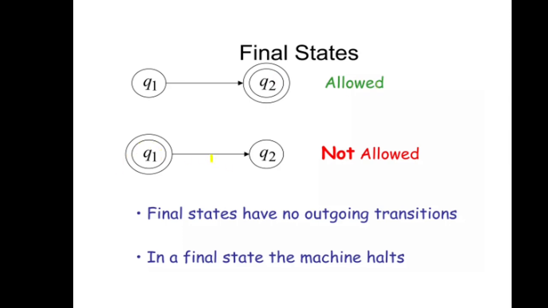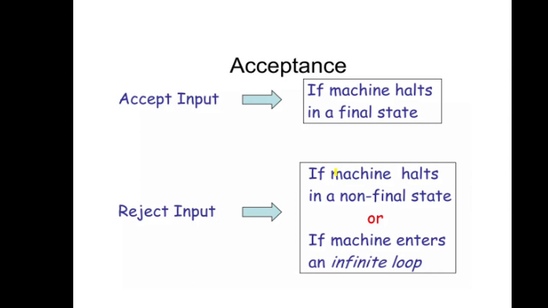If it did not reach the final state at last, it means the string is not allowed. The final state has no outgoing transition. This is the final one. In the final state the machine halts. That's it. So these are the processes of the Turing machine.